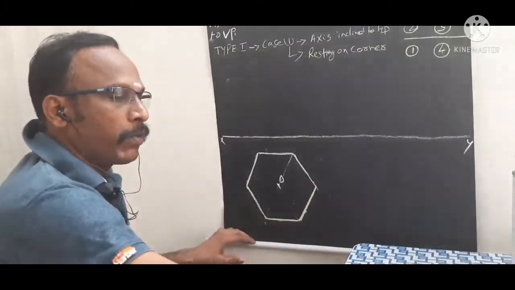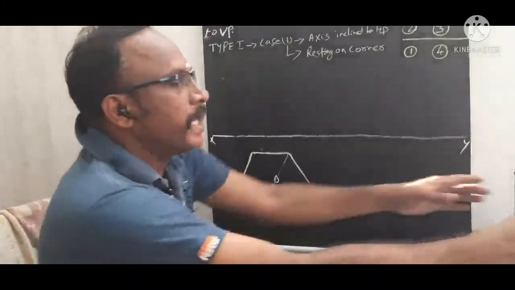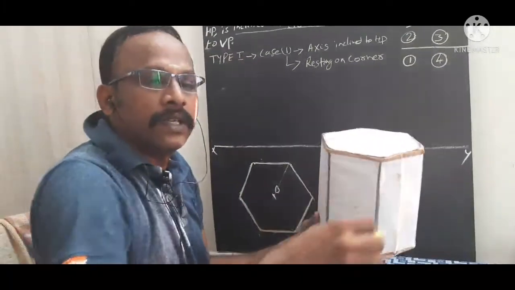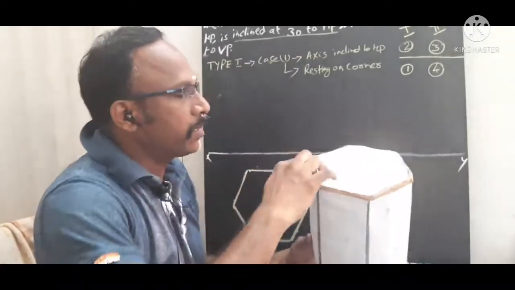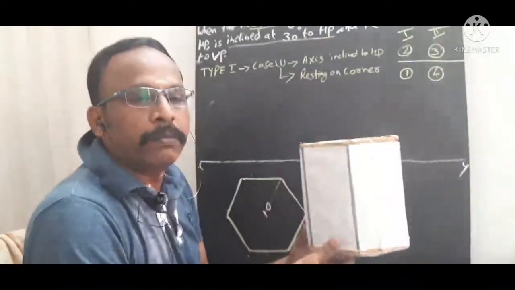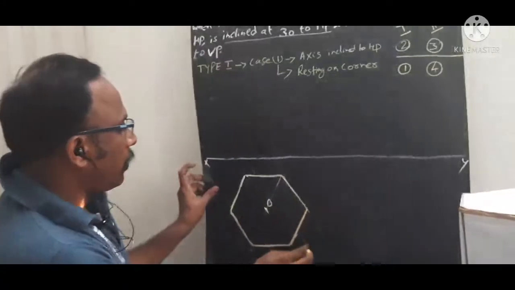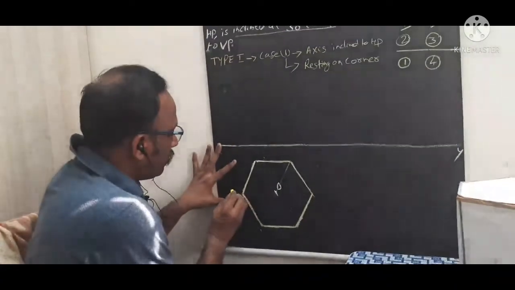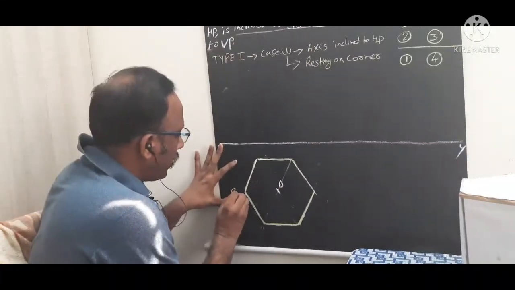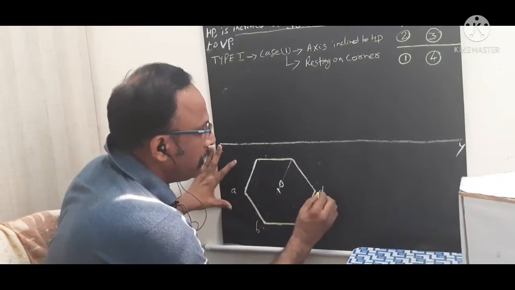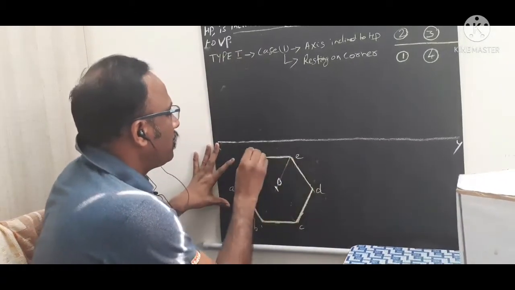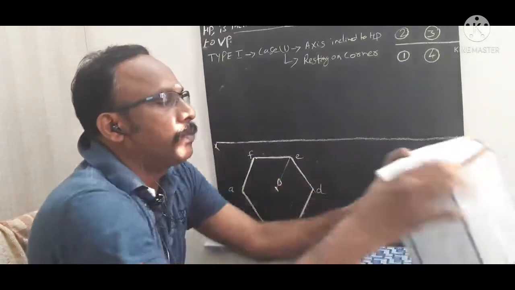Now I am going to mark the corner points, because this hexagon has top and bottom corner points. The top corner points I am going to name A, B, C, D, E and F. These are the top corner points.